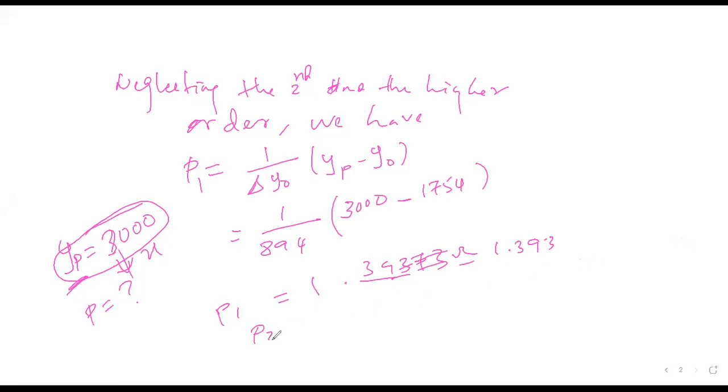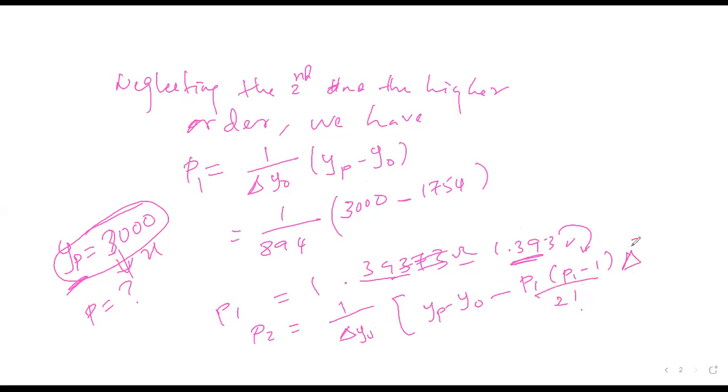How about the P2? First of all, write the equation: y naught, and then yp minus y naught minus p1 times p1 minus 1. This calculation is a must because it is coming again, no? If you make any mistake here or in the earlier part, you will ruin your answers, so you will lose your marks. So better be careful.